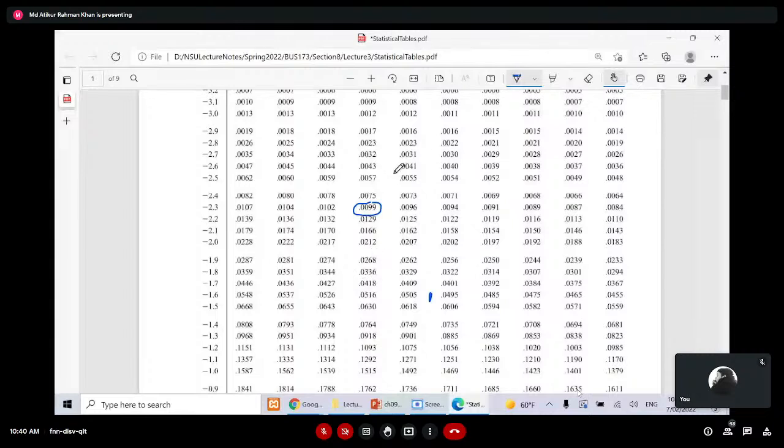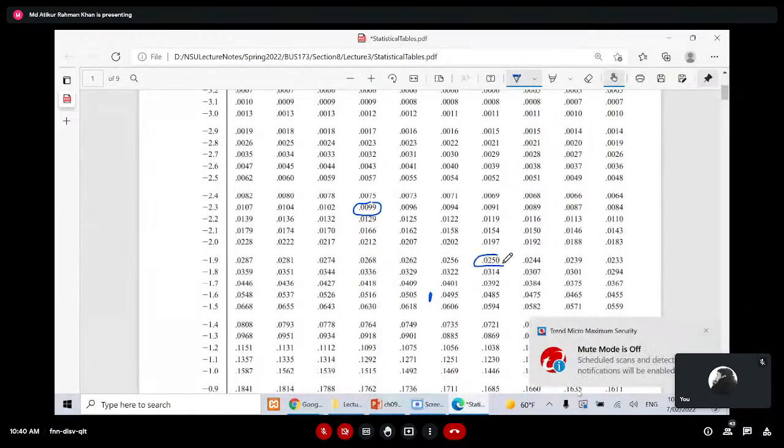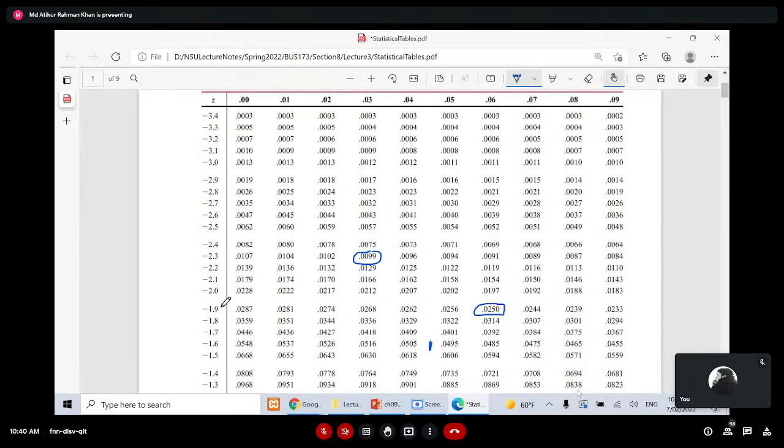So let's find 0.025 in the table. Yep, luckily we got it, as a whole number, 0.025. That corresponds to minus 1.96. Or you can count: minus 1.90, 1, 2, 3, 4, 5, 6, minus 1.96.